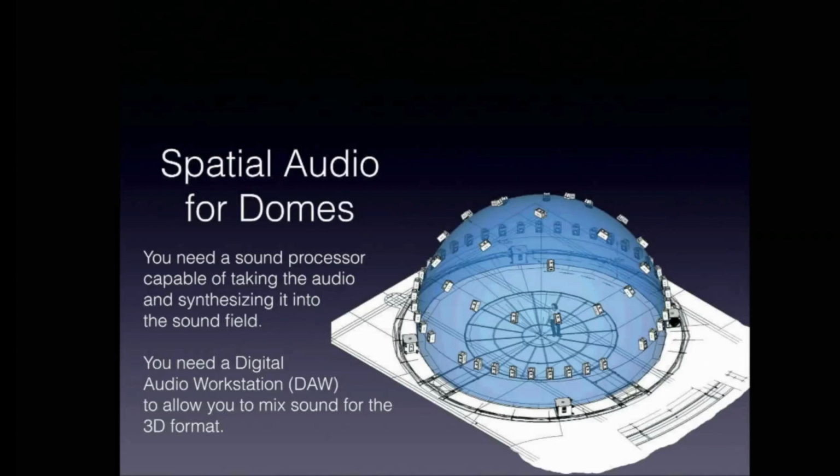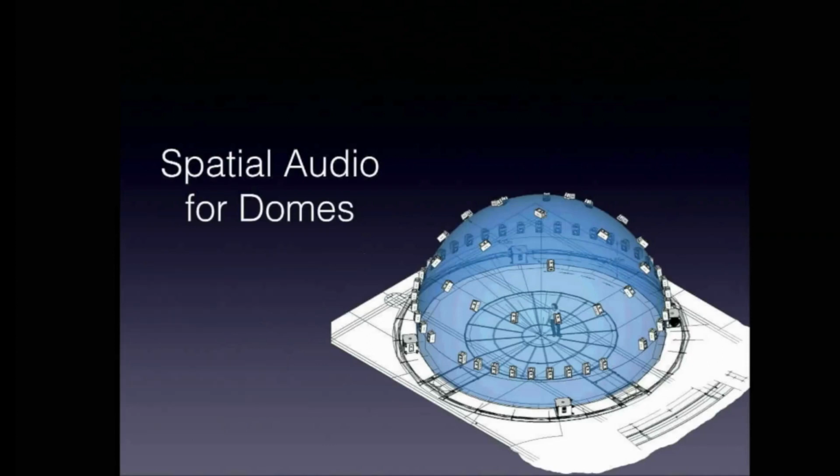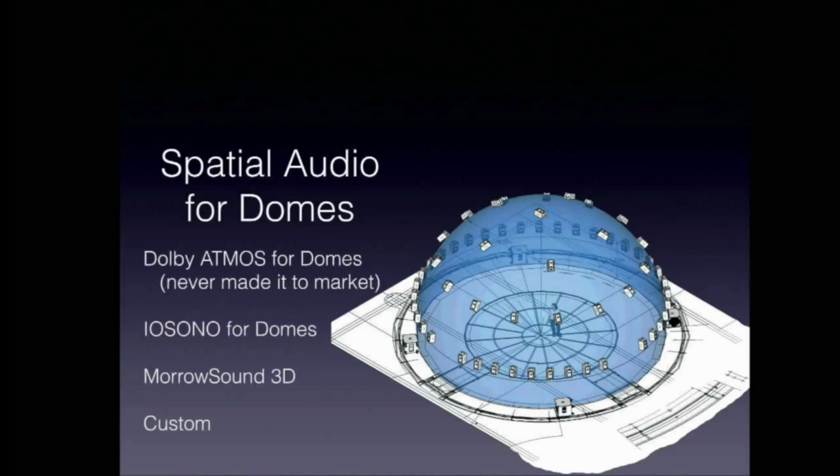And that's actually a big trick. So let me move on and say that when I was doing our research for our sound system, there were only a few choices out there, and I've basically listed them right here for you. At the time, one of our vendors was working with Dolby to come up with a Dolby Atmos system specifically for planetarium domes.